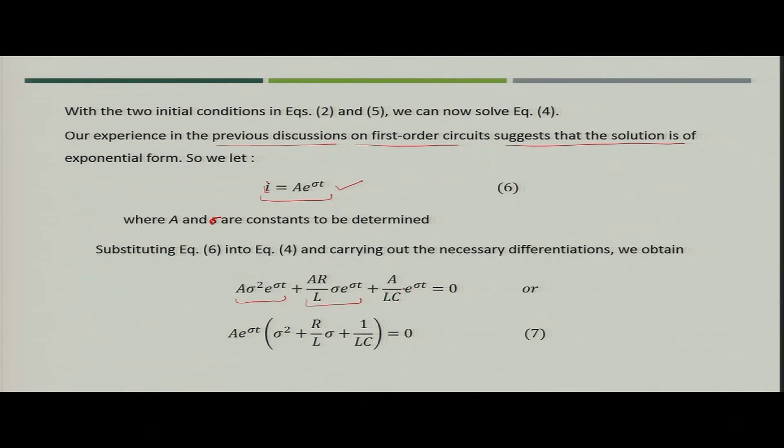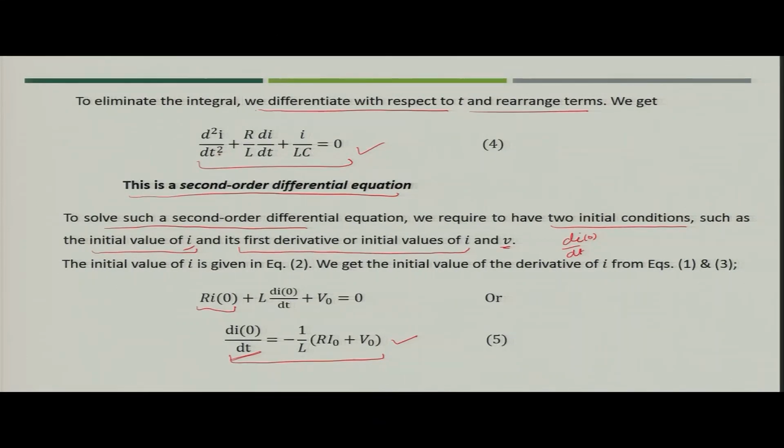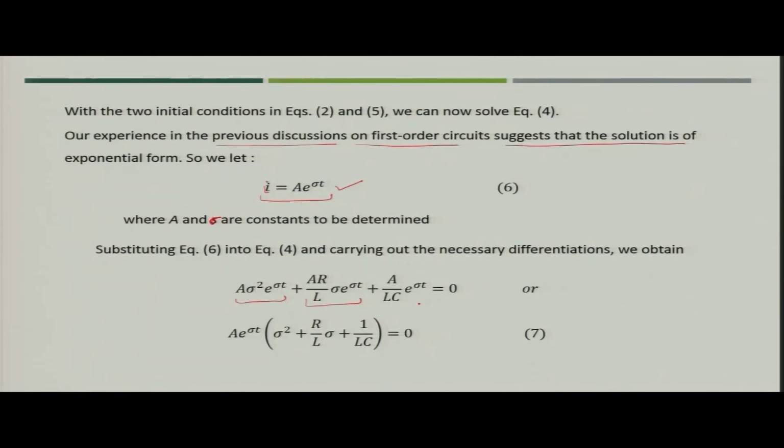So, this you will get simply by putting the value of I into this equation. Now, if you rearrange, you can take A e to the power sigma t out, and in the parenthesis you will see sigma square plus R by L sigma plus 1 by LC equal to 0.